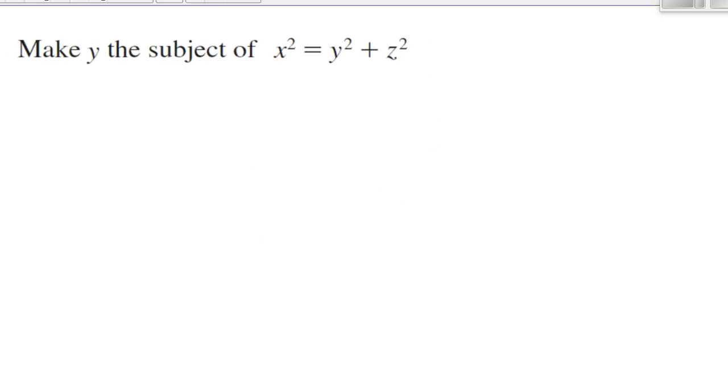Here's another example. You want to make y the subject. Circle y. It has been squared, so we circle that operation as well. And then z squared has been added to it, so we circle that as well.